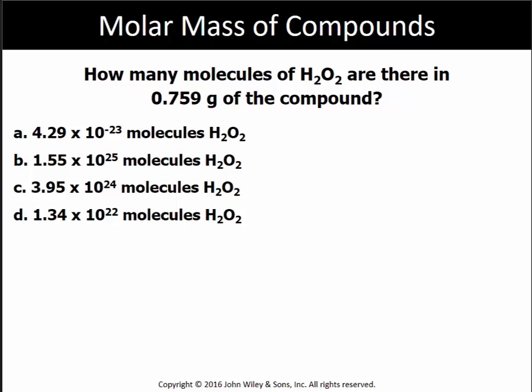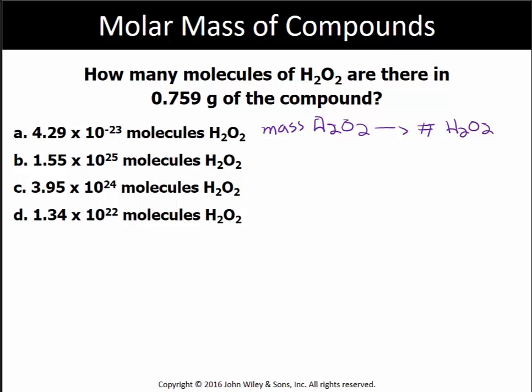Let's look at another one. How many molecules of H2O2, which is hydrogen peroxide, are there in 0.759 grams of the compound? So the mass of hydrogen peroxide is given, and we're trying to find the number of H2O2 molecules.